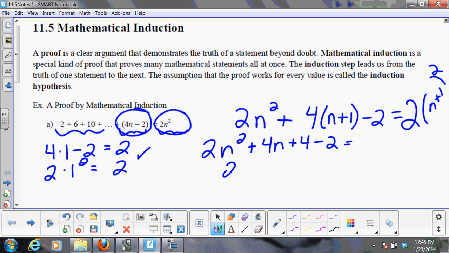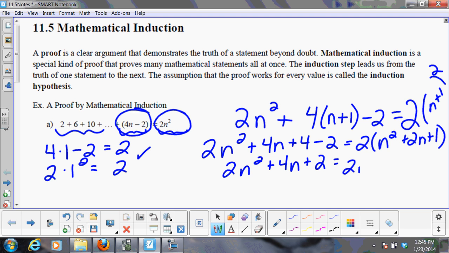I'll keep going with this side. 2n squared plus 4n plus 2. On the other side, we have n plus 1 squared, so that's FOIL, n squared plus 2n plus 1, and then distribute the 2n. As long as the two sides match, we just proved that that indeed is true.